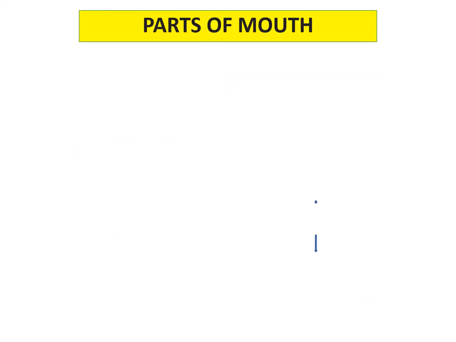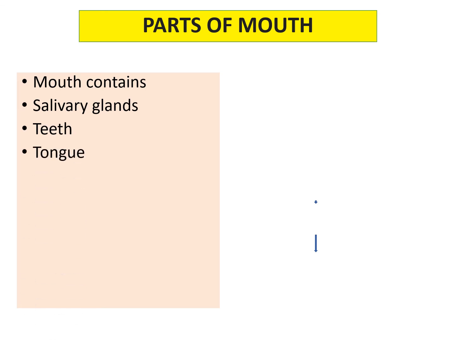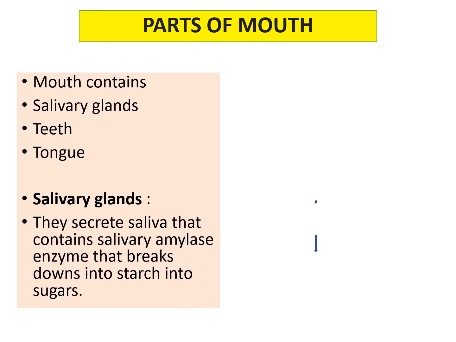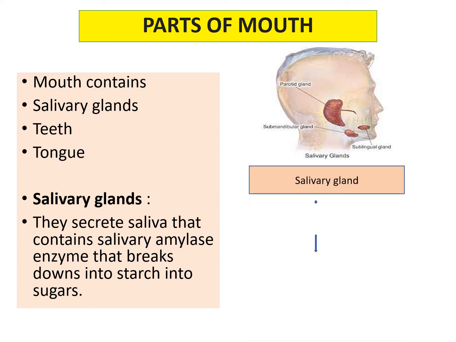And what are the various parts of the mouth? The mouth contains salivary glands, teeth, and the tongue. So let's know about each part. Salivary glands secrete saliva, which contains the salivary amylase enzyme that breaks down starch into simple sugars. You can see there are various salivary glands present in the buccal cavity.